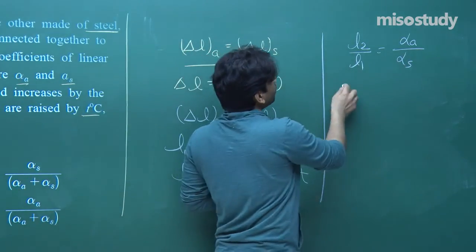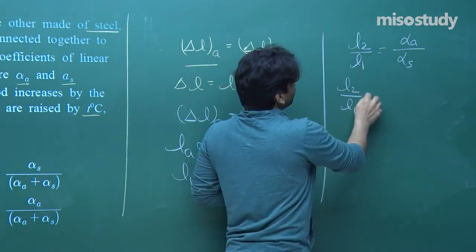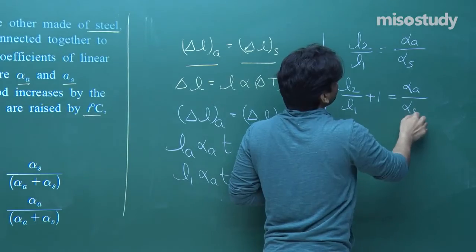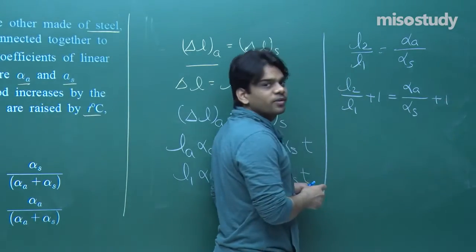If I do here plus 1, we should also add here plus 1, alpha A by alpha S plus 1.